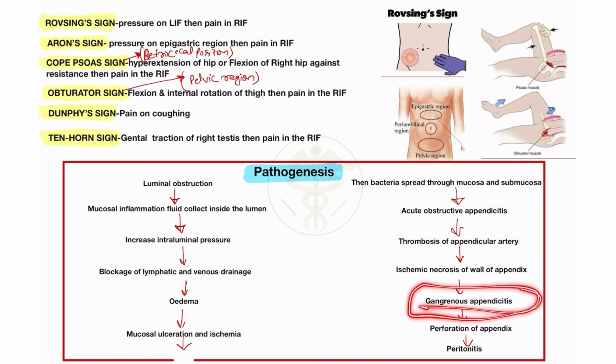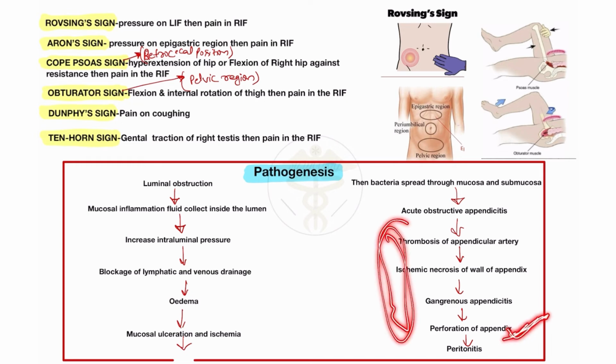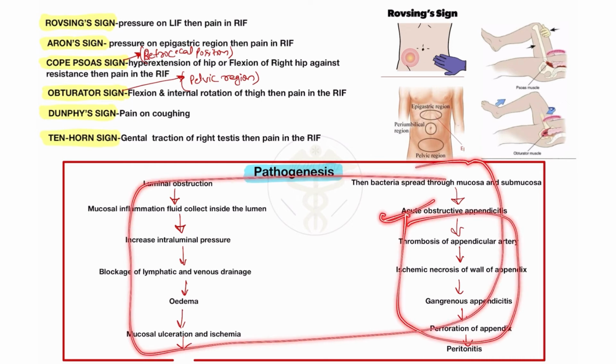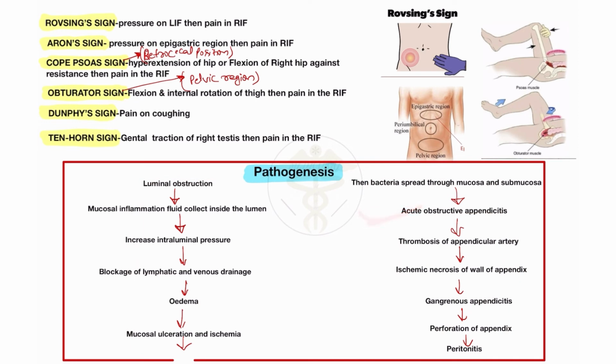This is called gangrenous appendicitis, which causes perforation of the appendix, and peritonitis also occurs in the patient. So these are the severe conditions, and this is the pathway of pathogenesis of acute obstructive appendicitis.